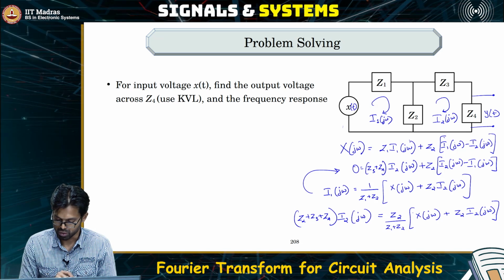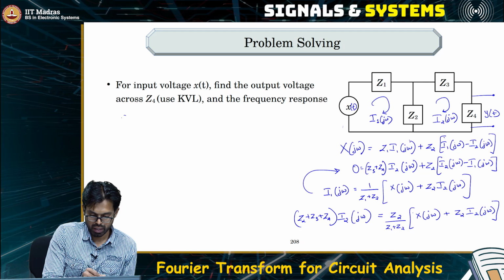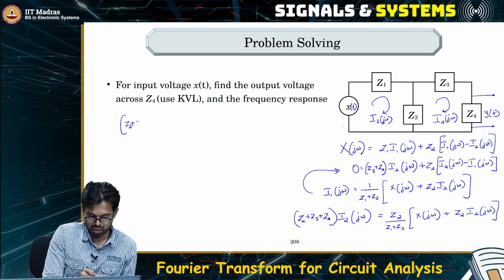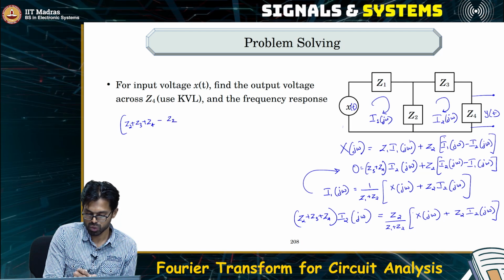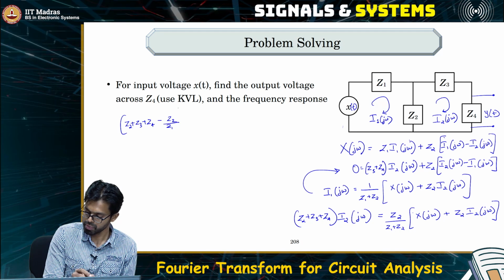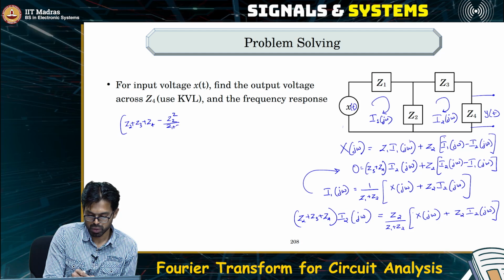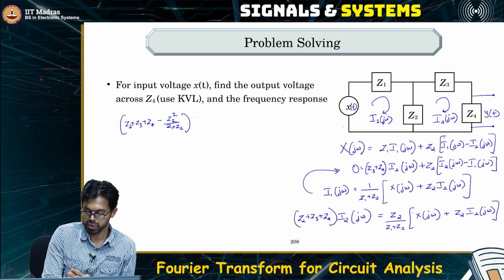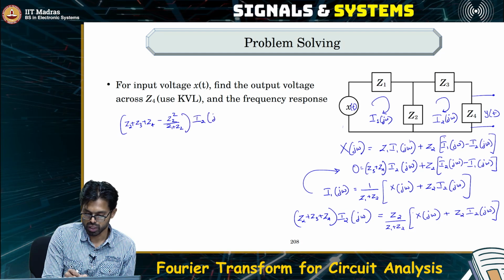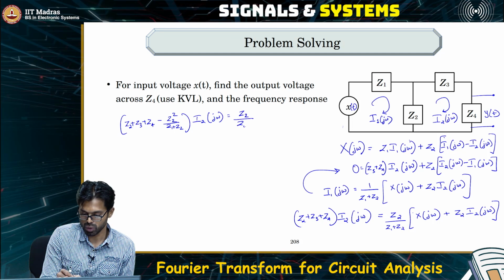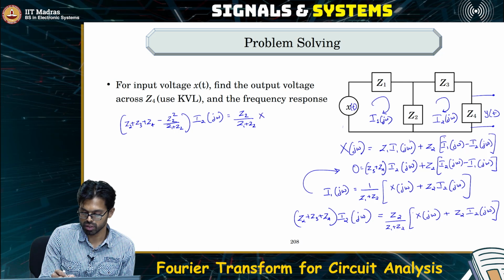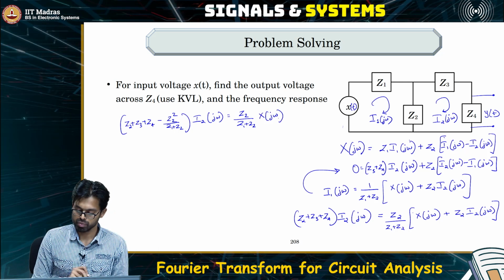Now bring the Z2 on this side. So we get Z2 plus Z3 plus Z4 minus Z2 squared by Z1 plus Z2 times I2 of j omega is equal to Z2 by Z1 plus Z2 times X of j omega.